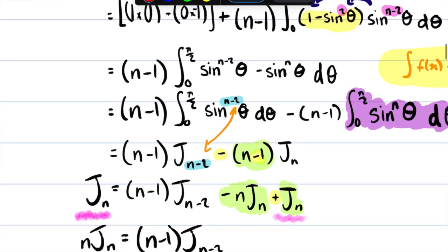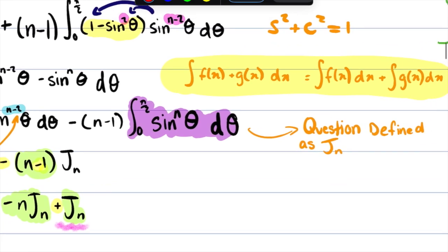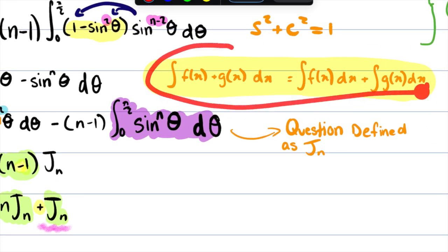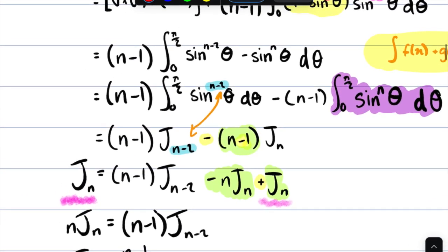We can then split this using our identity here of the integral of f of x plus g of x dx is equal to the integral of f of x dx plus the integral of g of x dx. This is common knowledge found from the Mathematics Advanced course.